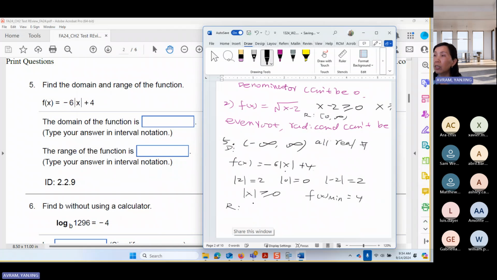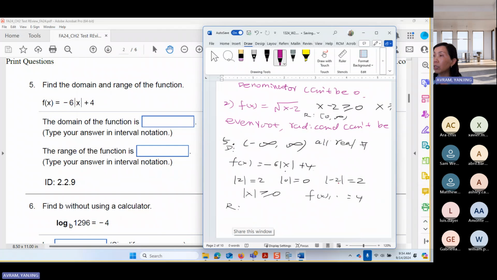Well, my range here, since this absolute value will always be greater than or equal to 0... well, actually, I take it back. This should be my maximum instead of minimum. You know why it's maximum?